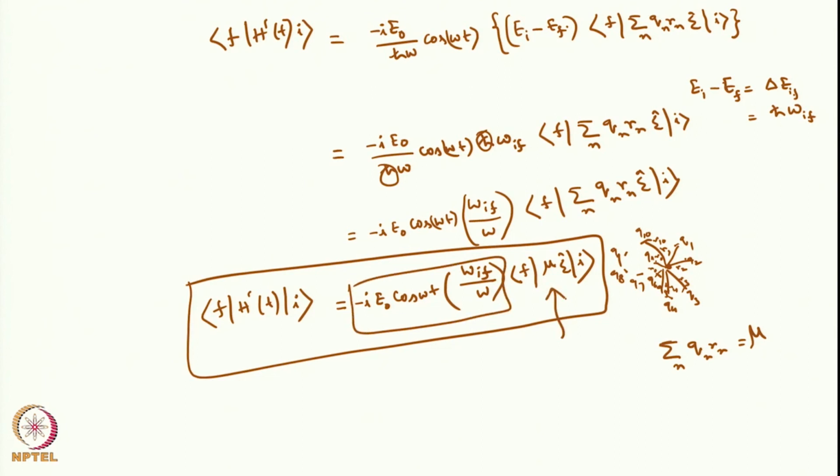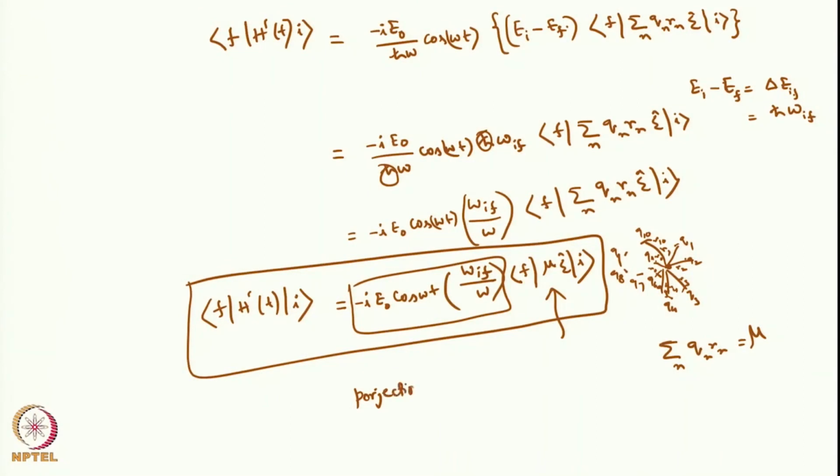By the way, the permanent dipole moment of an atom is 0, but the dipole moment here is not the permanent dipole moment. You must understand mu is not equal to mu naught. We will come to that at some later time, but essentially the initial and final states will couple with respect to the projection of the dipole moment along the electric field vector.